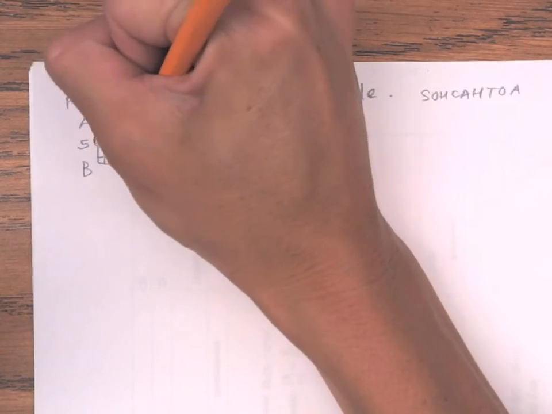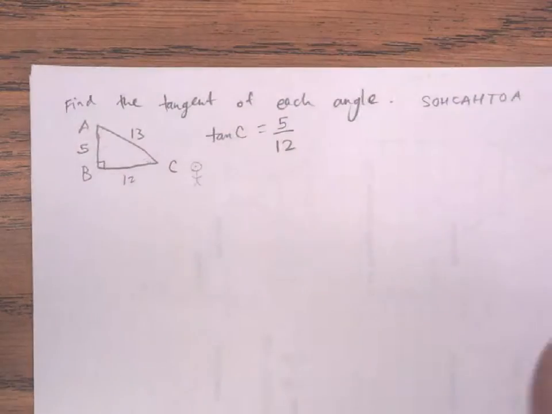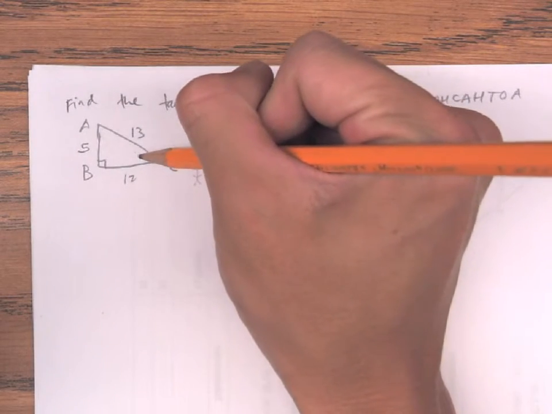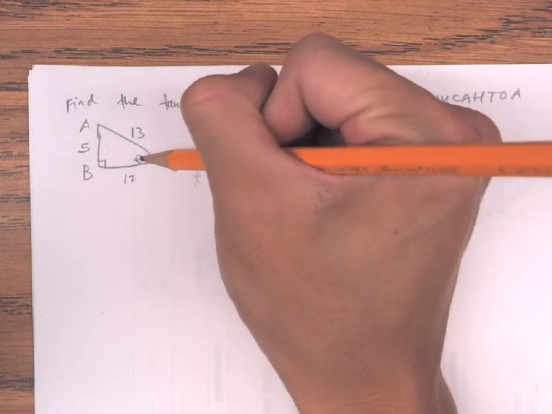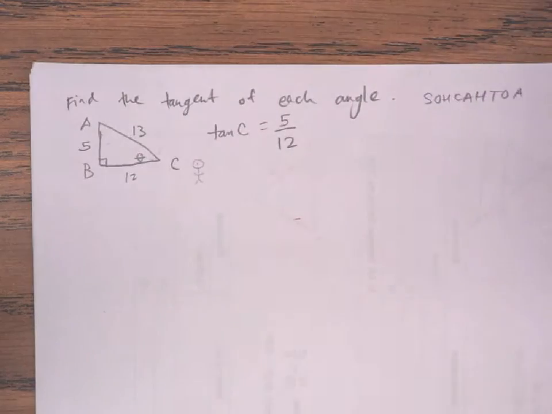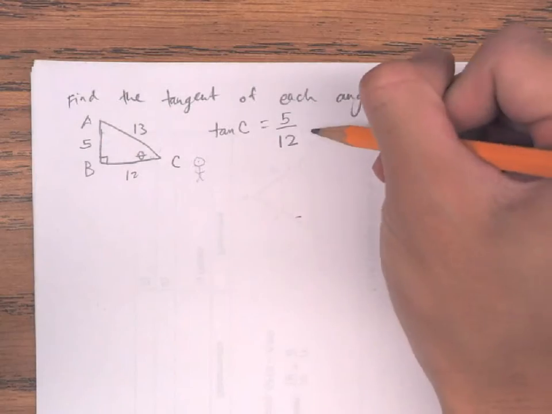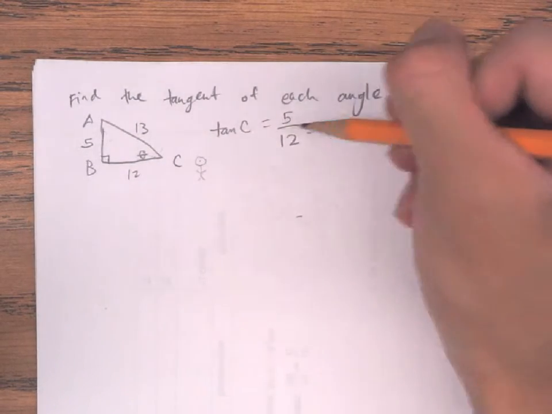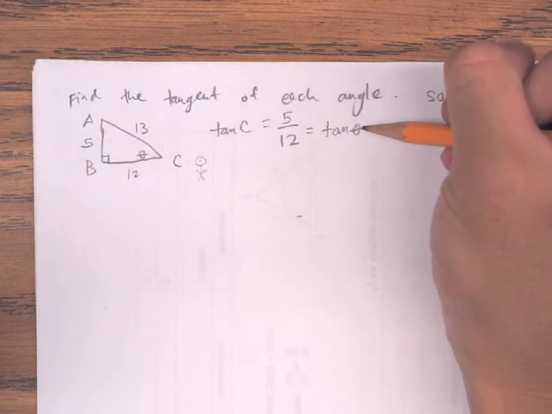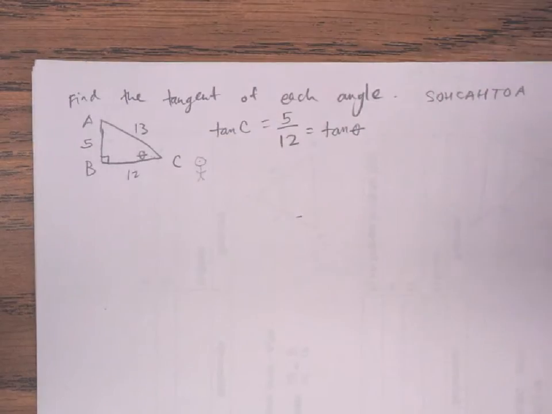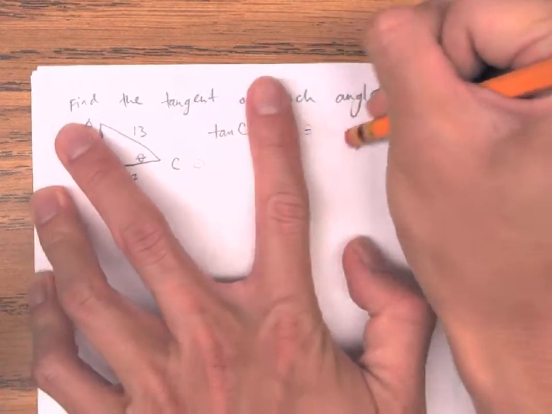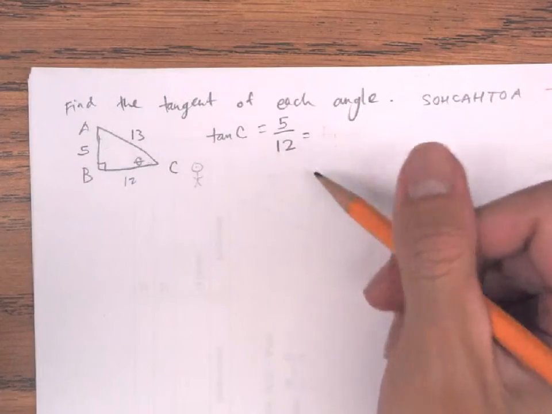Now, if we put an angle here, let's say a random angle, and most of our problems will deal with angles. This is a Greek letter called theta. One way to also think about this is that it is equal to the tangent of theta. Actually, wait, hold on, let me erase this. First, before I do that, I'm going to reduce this fraction.